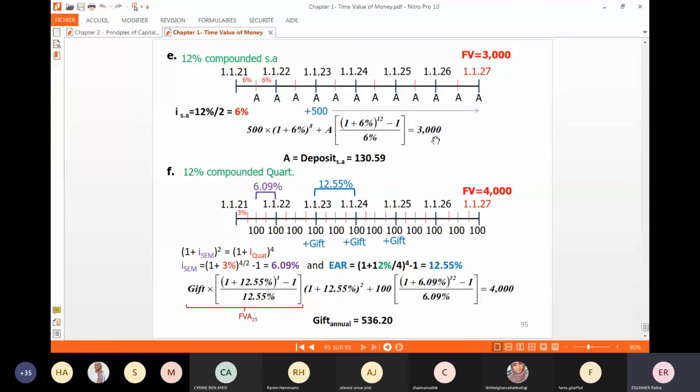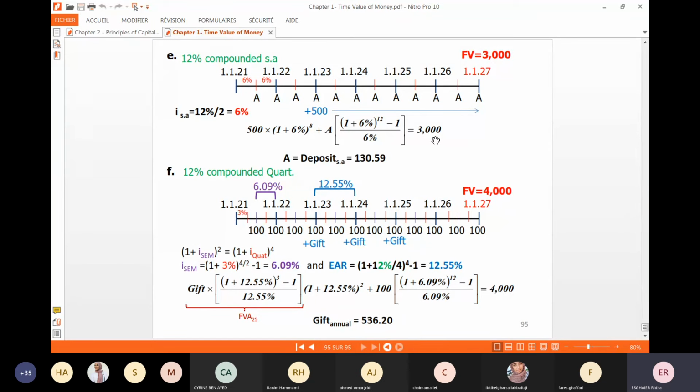If A is semi-annual, you should use the interest rate of a semester. If A is a quarterly deposit, you should use the quarterly interest rate. If A is monthly, you should use a monthly interest rate.